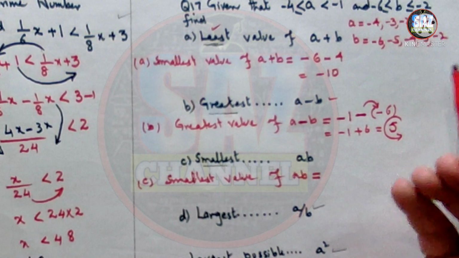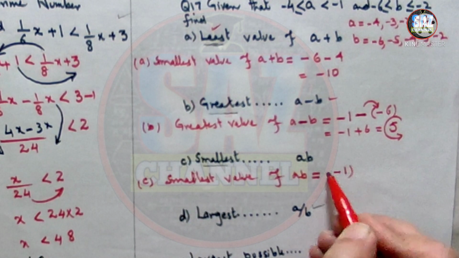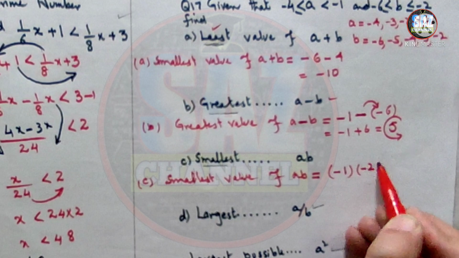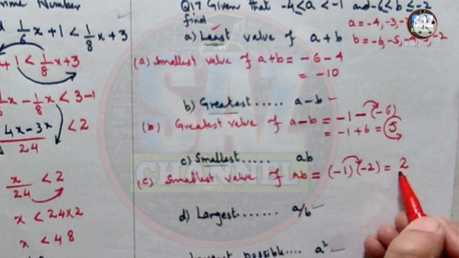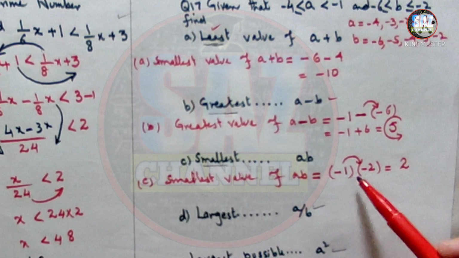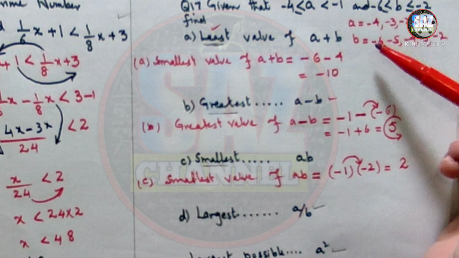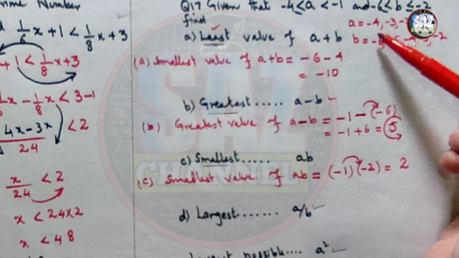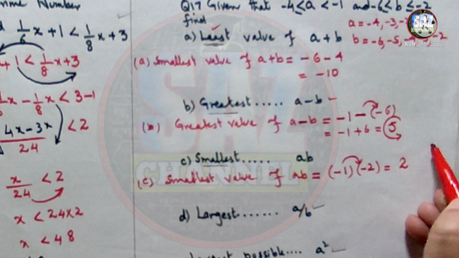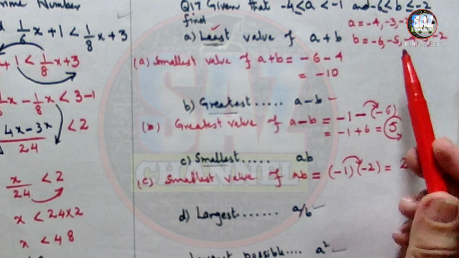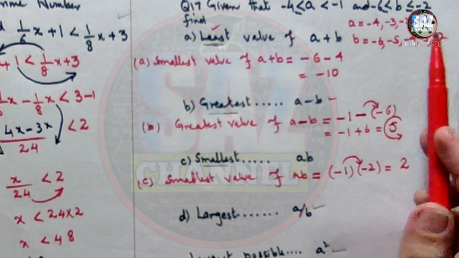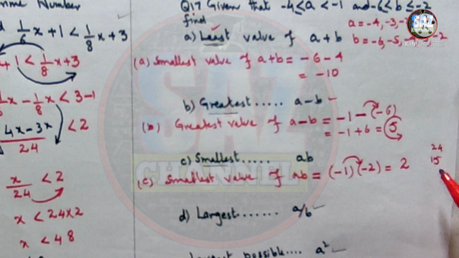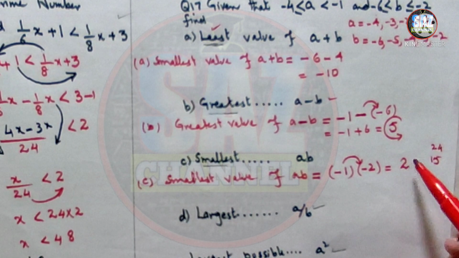So if I take the values -1 multiplied by -2, this will become positive, and the product is +2. And why am I saying this will be the smallest value? Let's make the combination. Suppose I take -6 with -4, the answer will be 24, and then 5 multiplied by 3 becomes 15, and 8, 3, and these give me larger answers. So the smallest value of the product is 2.